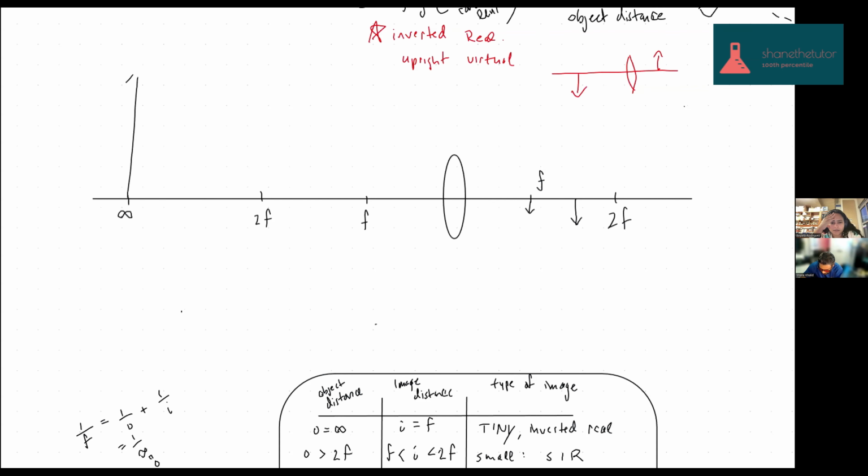All right. Then let's consider the object at 2f. When the object is at 2f, the image will be at 2f as well.